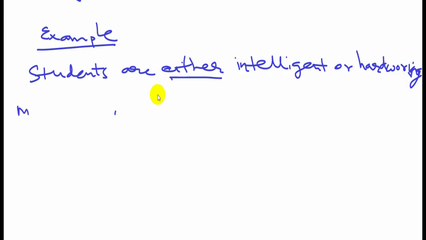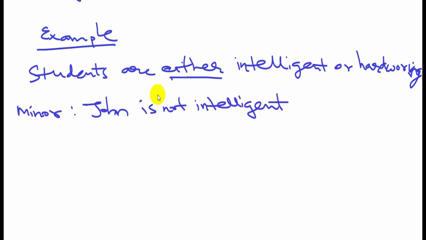Now the minor premise denies. The minor premise denies: John is not intelligent. And then the conclusion. What will the conclusion do?